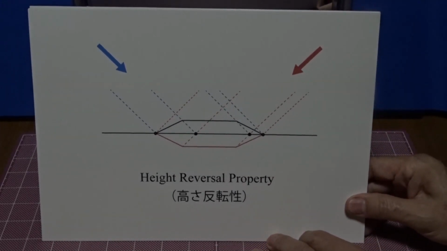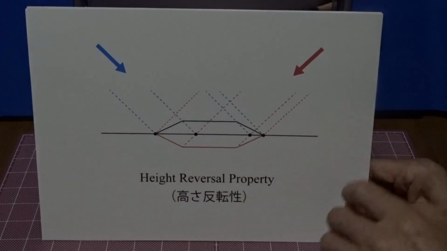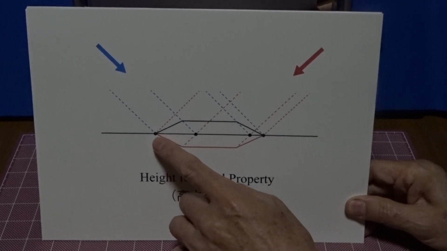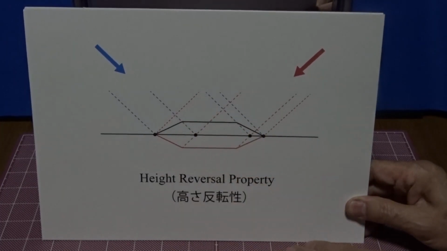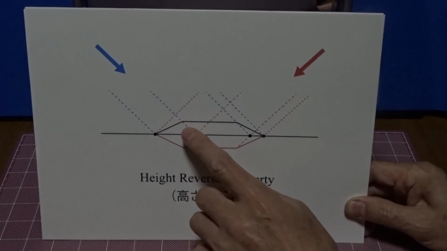Suppose that we have a desk surface seen from the side, and there is a convex object surface like that. And we see this object from the left, represented by the blue arrow, and project the object surface on the desk and draw the picture.